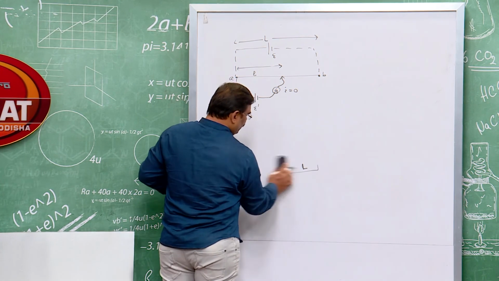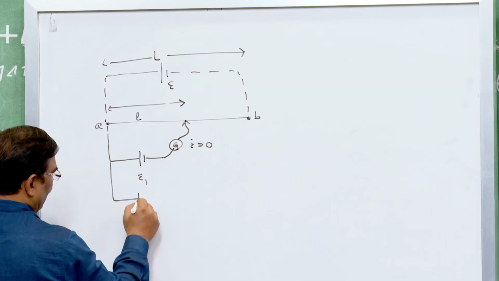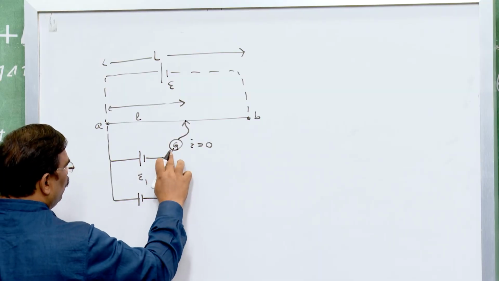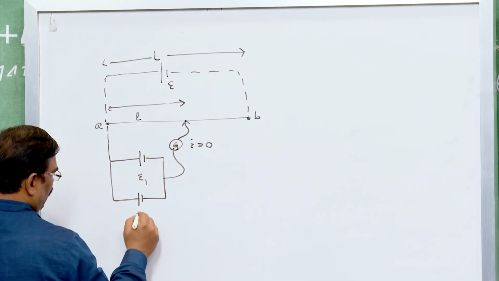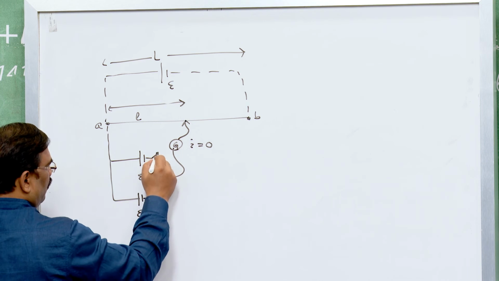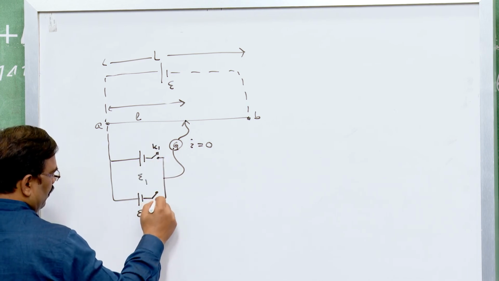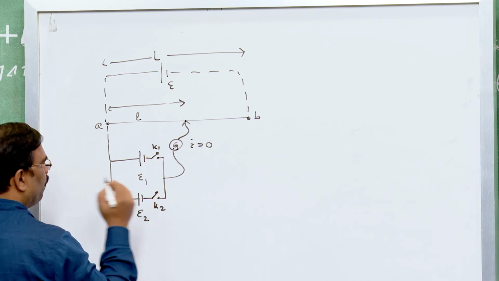Suppose there are two batteries, E1 and another battery E2. Here there is key K1 and this is key K2.